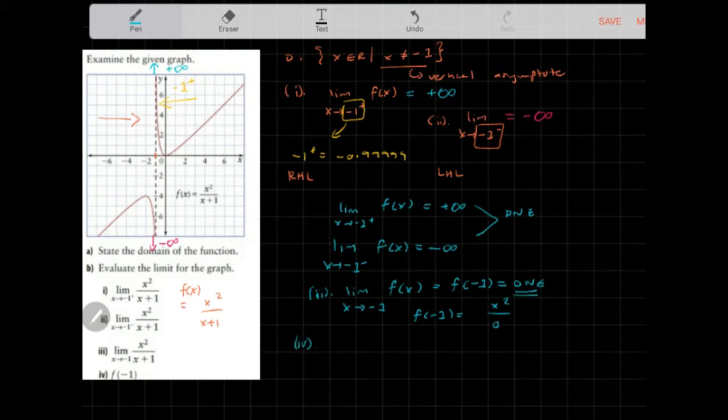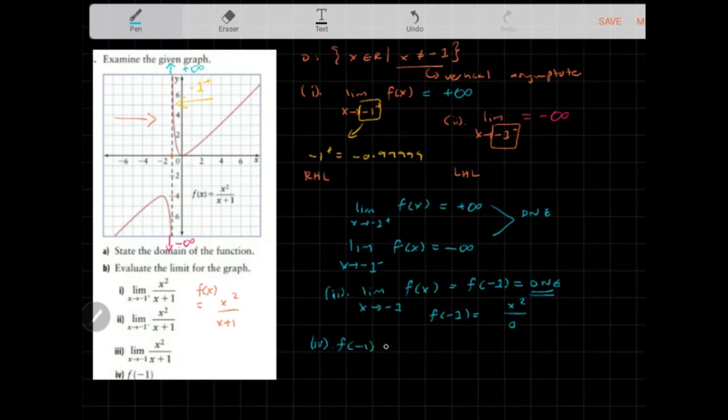Similarly, f of -1 is basically -1 squared over -1 plus 1, which is 1 over 0, which doesn't exist. Okay, so because the right-handed limit, the left-handed limit, the original limit, and f of -1, the function itself, don't exist at x equals -1, therefore f of x is discontinuous at x equal to -1.